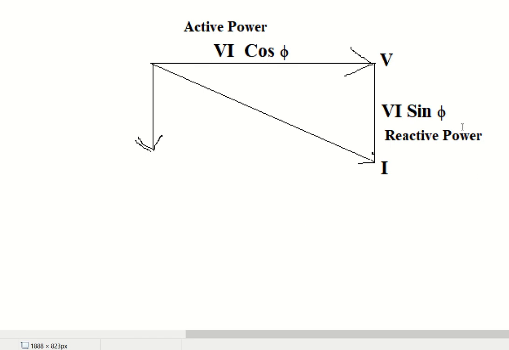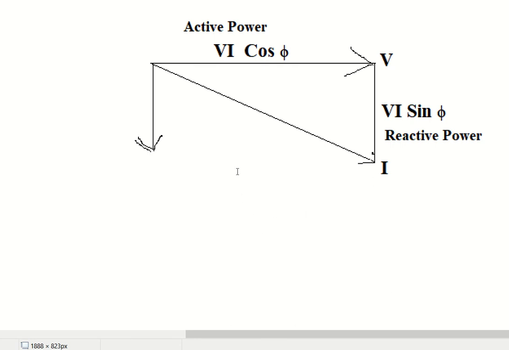So this is my reactive power. And what is the unit of reactive power? We call it var. You can call it kilovar or megavar, but basically it is var.